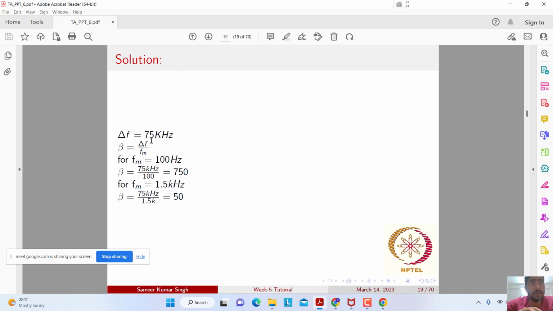Delta f is 75 kilohertz and fm is 100 hertz, so beta will become 750. Second, the message signal has a frequency of 1.5 kilohertz. Delta f is fixed, that is 75, and the message signal frequency is 1.5, so it will become 50. So beta is varying from 750 to 50.